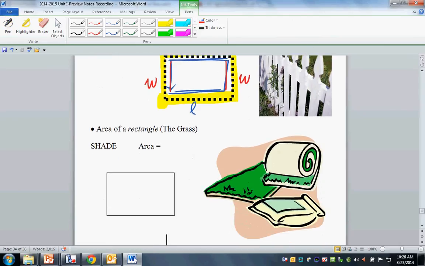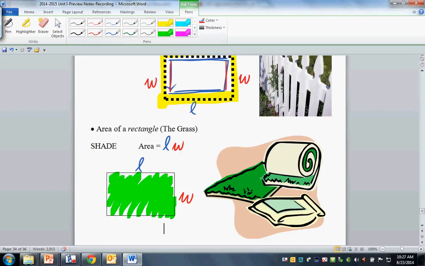Now for area, I'd like you to think of physical grass. So for perimeter you trace, for area you shade. I'd like you to shade this, please. And for a rectangle, to find the grass, it's simply length times width.